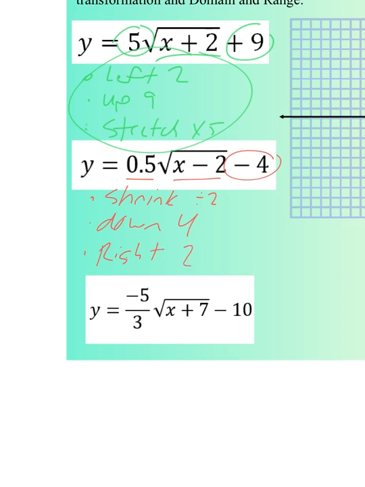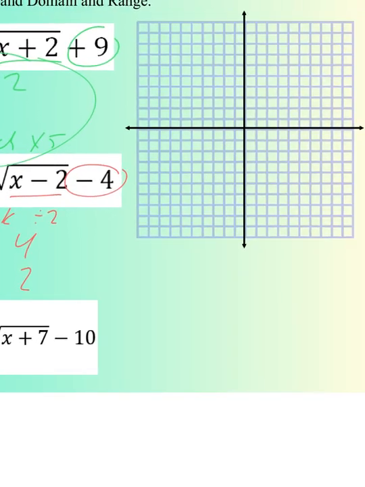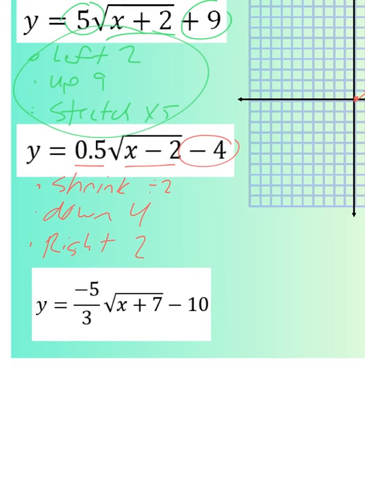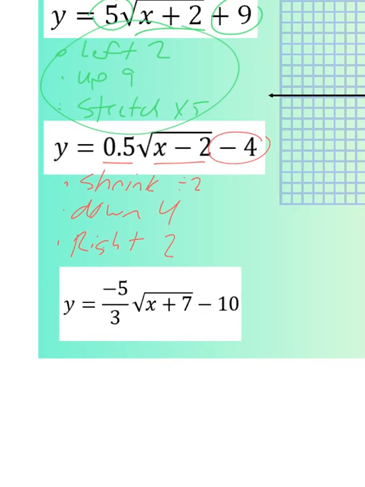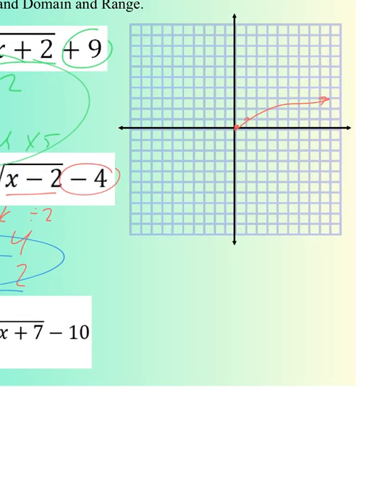Like in the parent function, there's a starting point, you know, like how it's 0, 0, 1, 1, 4, 2, 9, 3, and there's the parent function. Well, again, if I'm going to make a graph of this one, the first place that I would start by looking at these transformations, I should expect that it should go right 2 and down 4 from the parent.